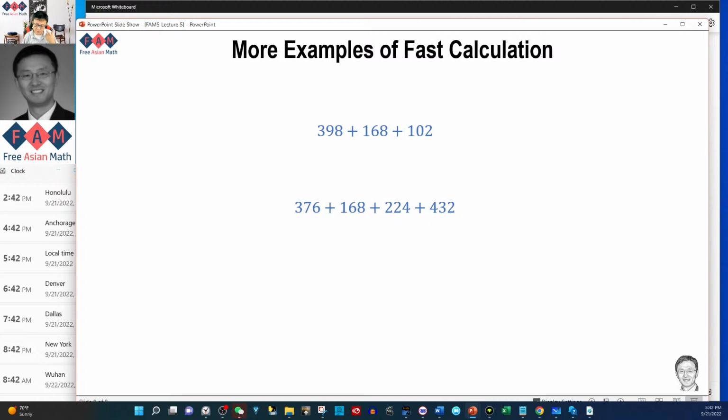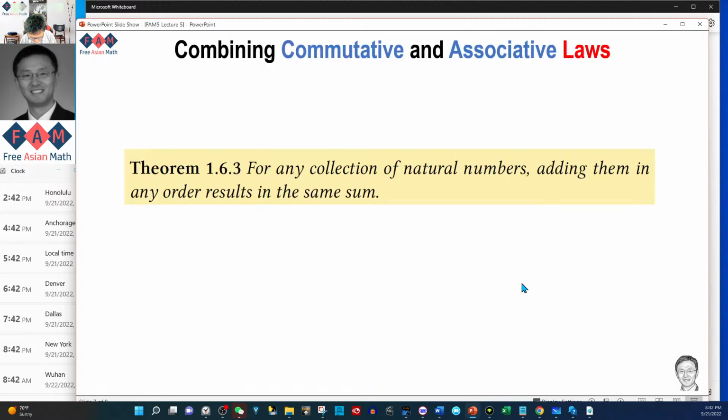Eventually, we will extend to negative integers as well. But for now, we already have a powerful weapon at our disposal, and that is the theorem we just talked about. If you do addition, any order will be fine. And later, we will extend this to other numbers, not just natural numbers. The same theorem will hold up.